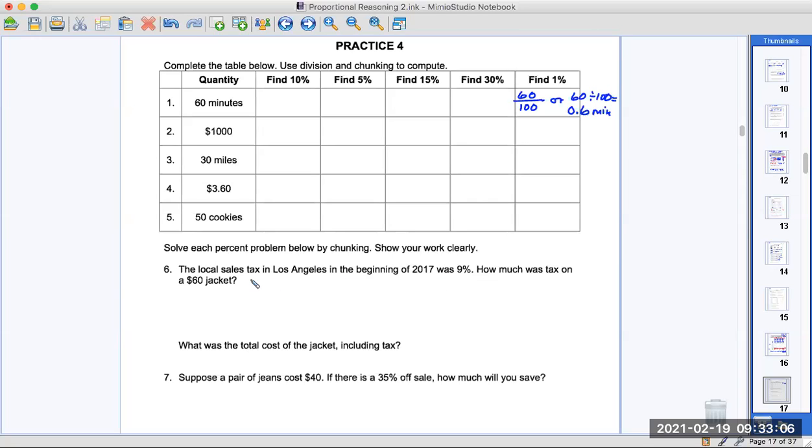So to find 9%, here are the steps. You find 1%. Then multiply answer by 9. And how do we find 1%? We divide by 100.